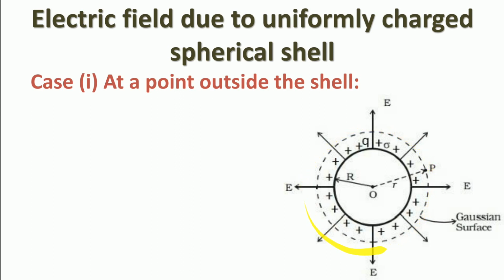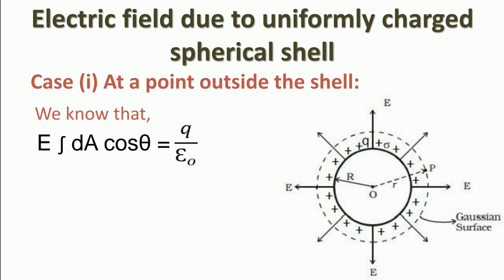Here we need to find the electric field at the point P, that's why we have assumed the Gaussian surface going through P. Now what we need to do? We need to apply Gauss's theorem with the definition of electric flux. As we know, this is from the definition of electric flux and this is from Gauss's theorem. We have applied this directly: E integration dA cos theta is equal to q upon epsilon naught.